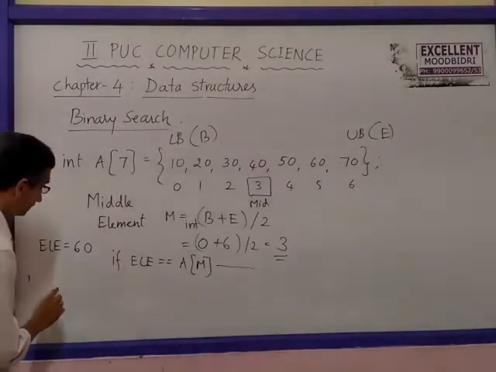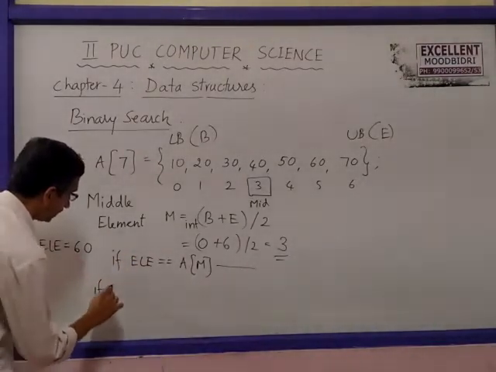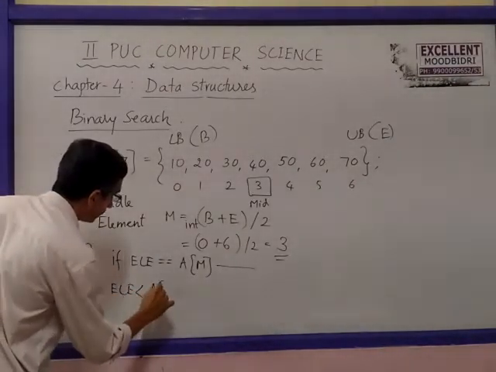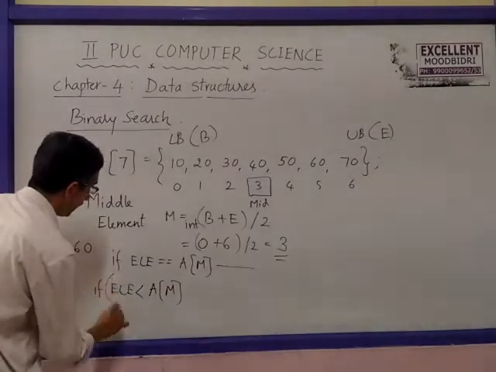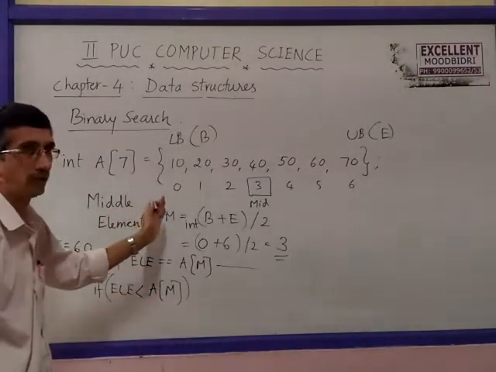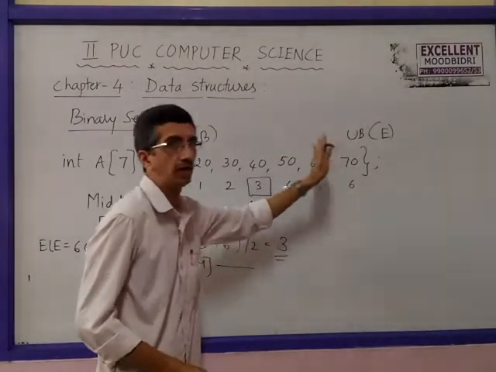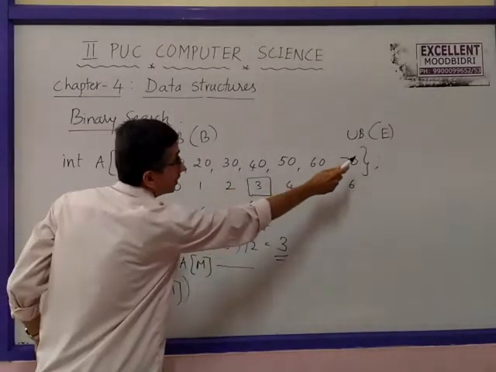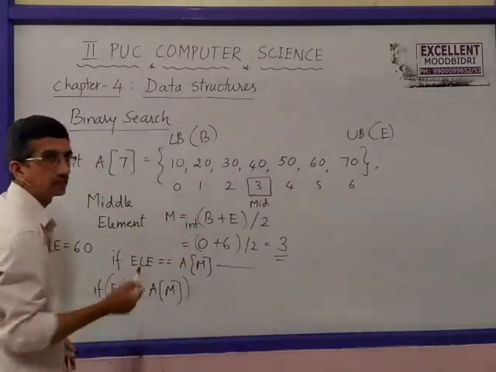If the element is found to be less than a of mid, then the upper portion has to be left. Then we bring the end to mid minus 1.